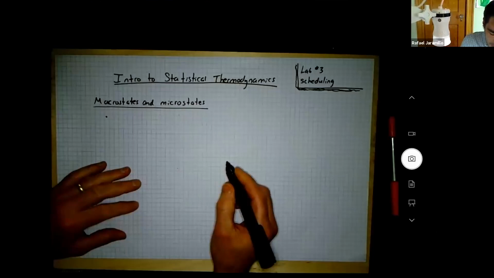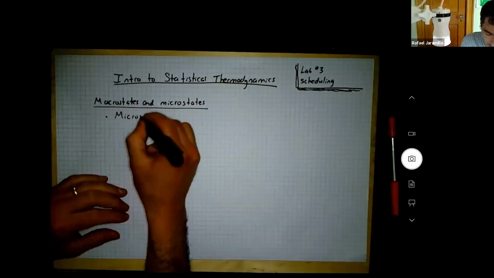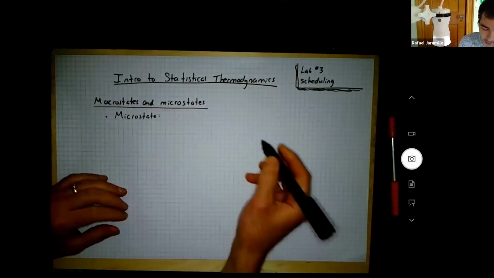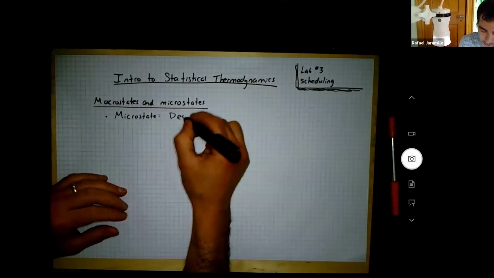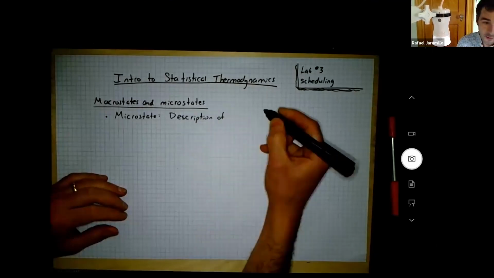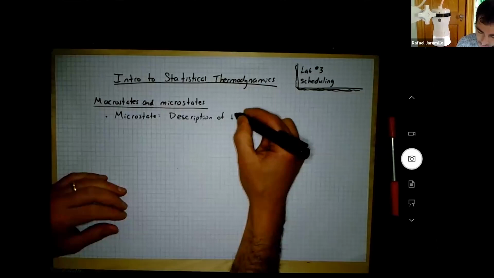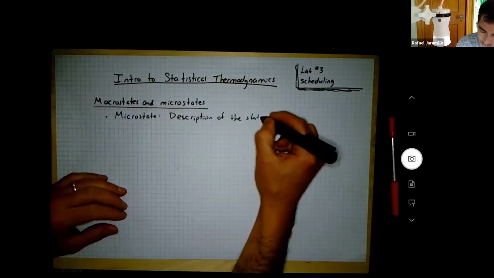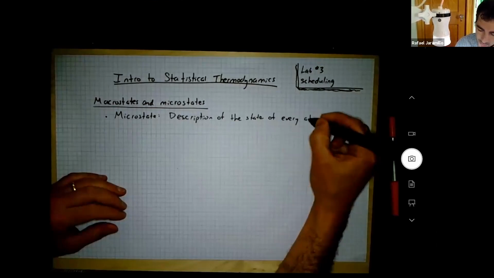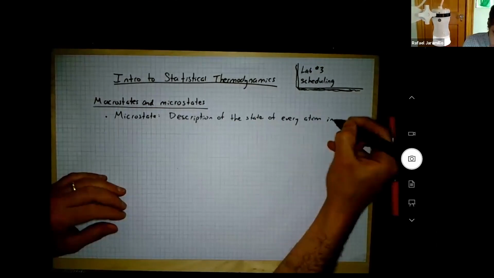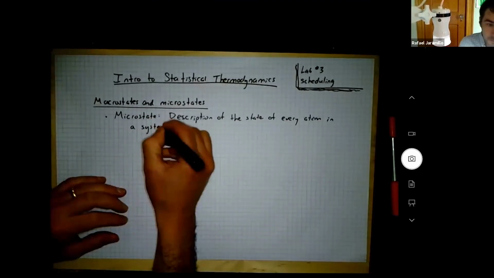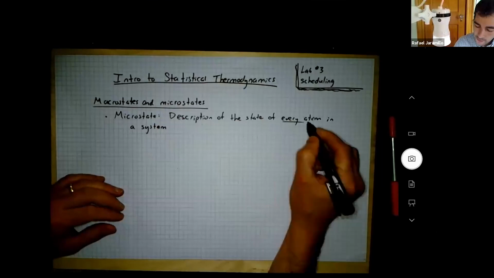A microstate, this is a key, foundational definition, is a description of the state of every atom in a system. Every atom in a system.